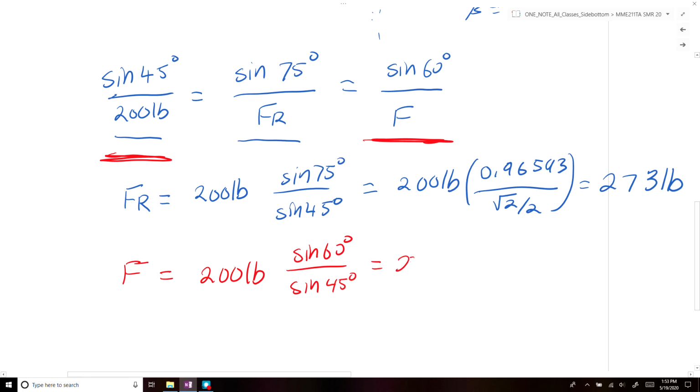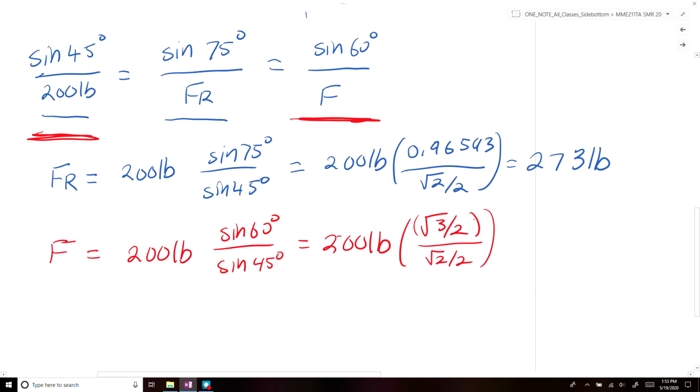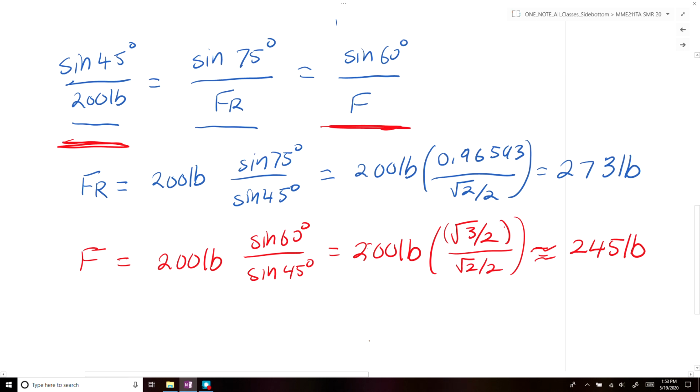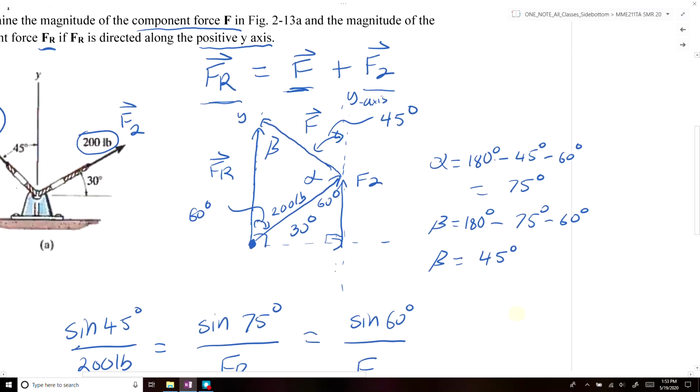That is 200 pounds times radical 3 over 2, divided by radical 2 over 2, which is just 200 times radical 3 over radical 2, approximately equal to 245 pounds.